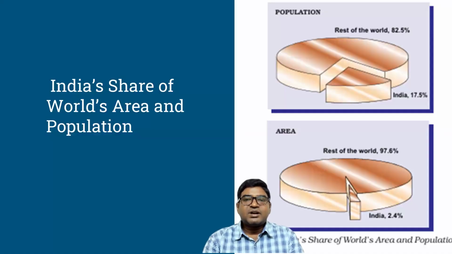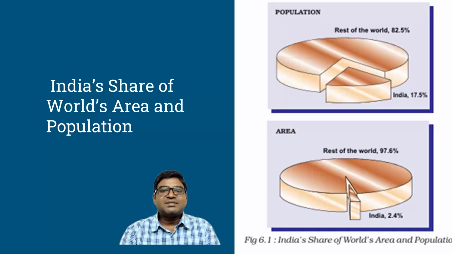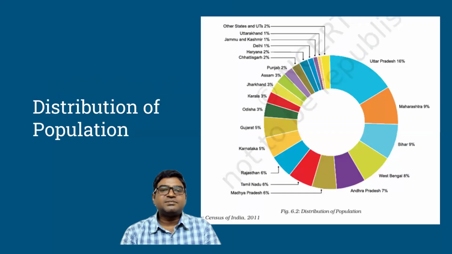So let us look at the land share and the percentage share. As we already know, the land share is 2.4% and the population share is 17.5%. With only this much of land we are having this much percentage of share in the population.